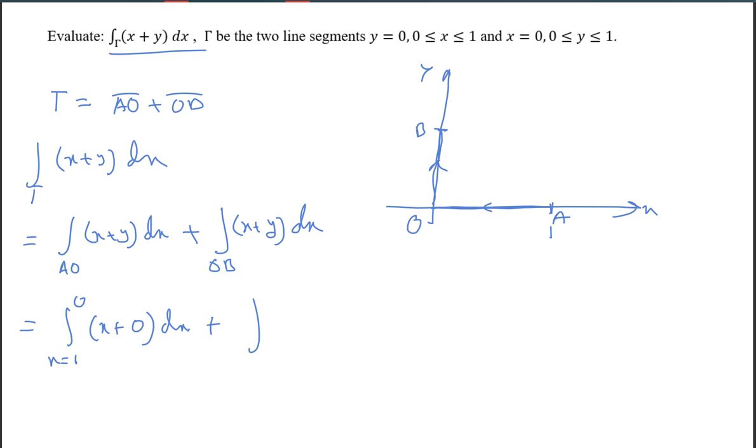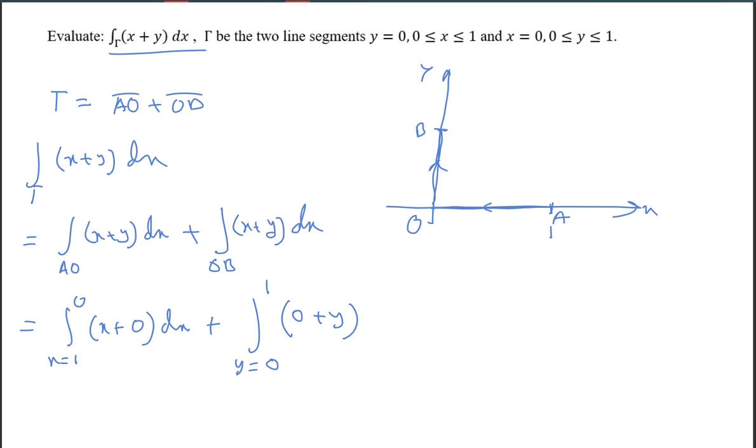And in the second part, along OB, y is changing from 0 to 1 and x is fixed, x is 0, so the integrand is 0 plus y.